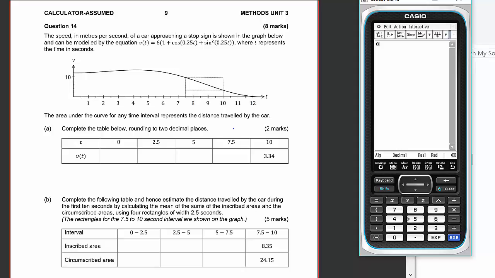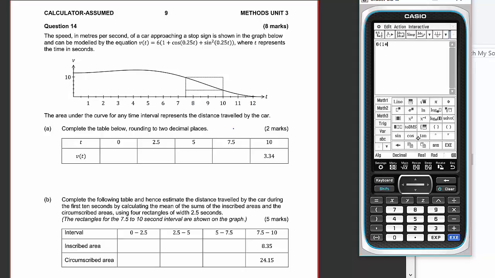So we've got 6, open bracket. Then we've got 1 plus cos 0.25, and let's multiply that by 10, and then plus sine squared.